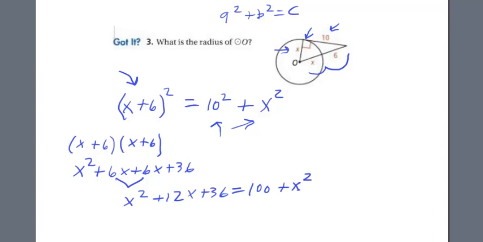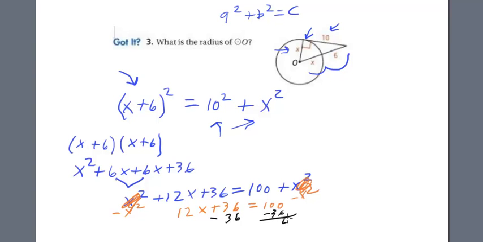I'm trying to solve for x, so I'm going to subtract x squared from both sides. These will cancel out. I'm left with 12x plus 36 equals 100. And almost done. I subtract 36 from both sides.